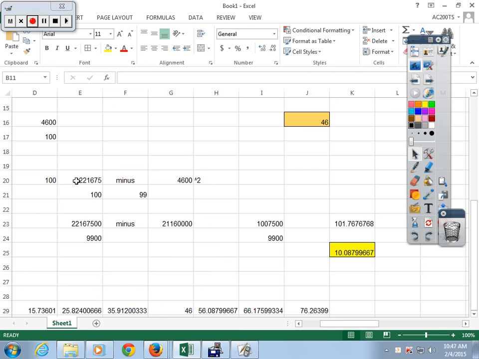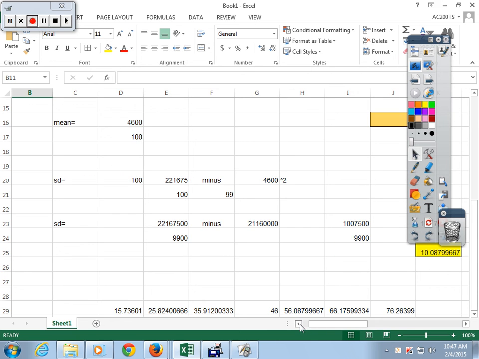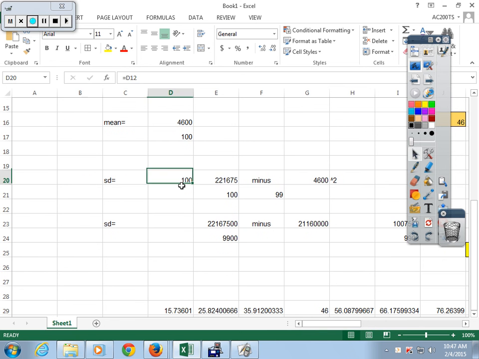Well, what is this? That's the frequency. No, what is this? N. Okay. That's the summation of x, f times what? X squared minus f times x, the summation, quantity squared, over n times n minus 1. That's the formula.